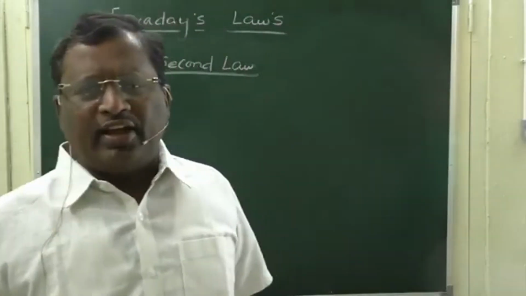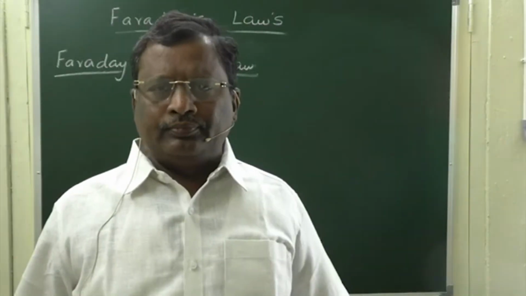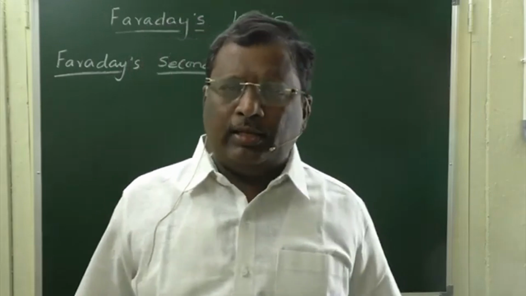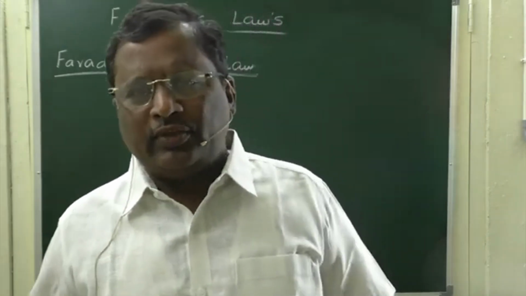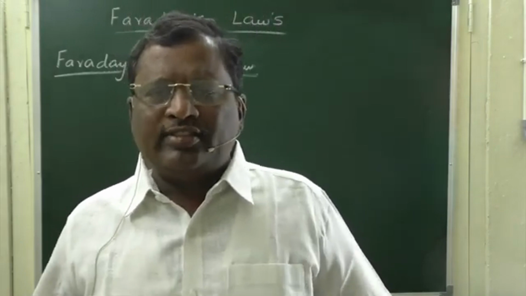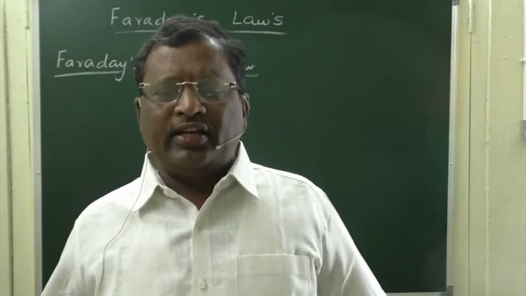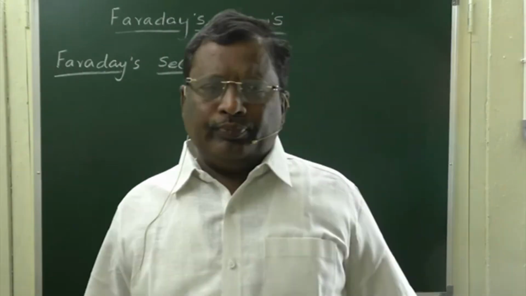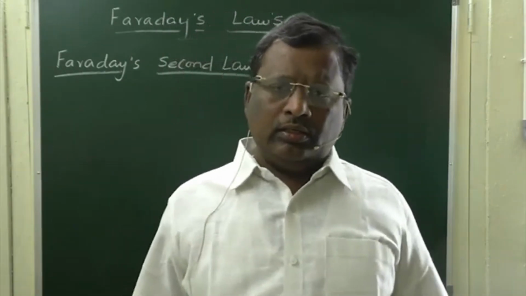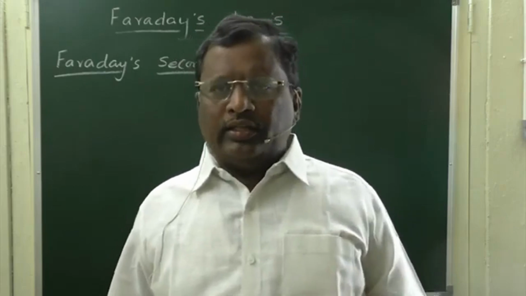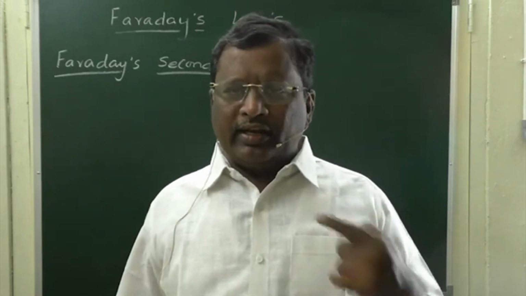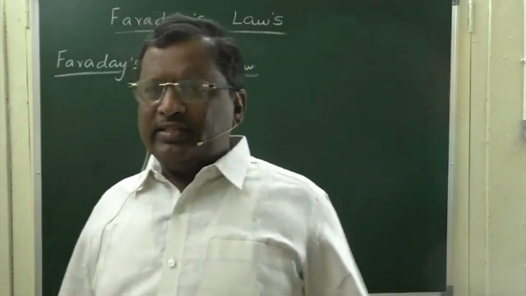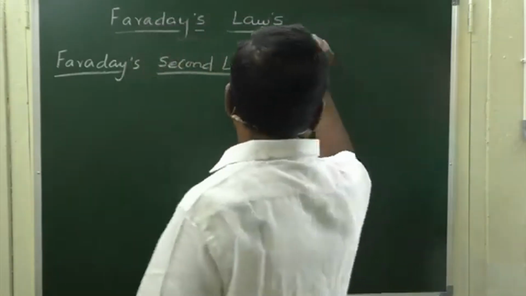Now, let us discuss Faraday's second law. In Faraday's first law, we came to know the relationship between the weight of the substance and the quantity of electricity that was deposited at an electrode. In that first law, one thing that we should remember and recollect, which we are going to use in the second law, is electrochemical equivalent.